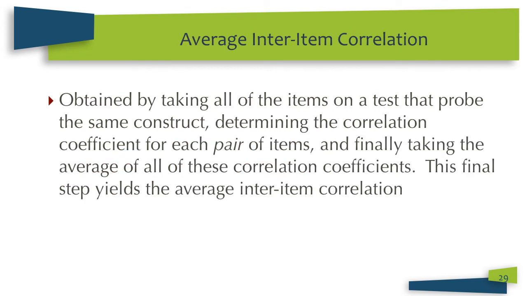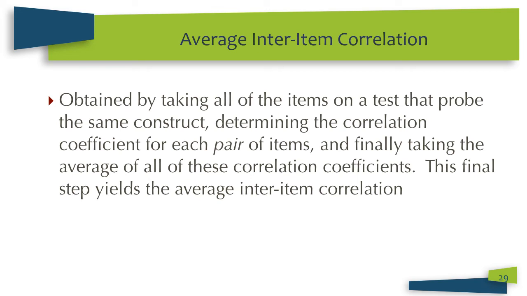The average inter-item correlation is a specific form of internal consistency, and it is obtained by applying the same construct on each item of the test. So what you do is you take all the items that probe the same construct. Basically, if you have 4 items in one construct, you take all of them.